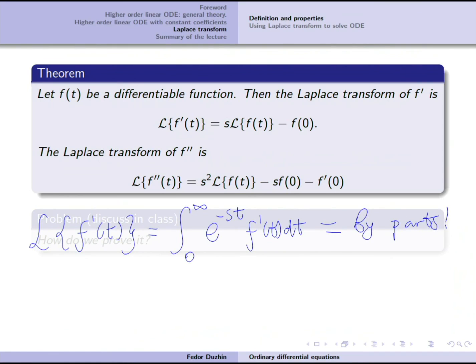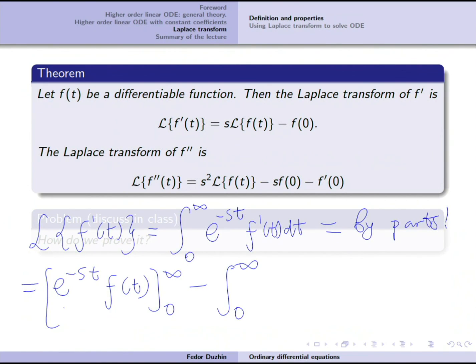I hope you know that when we integrate by parts, we need to take the antiderivative of one of these two functions and the derivative of the other one. So what we are going to do is take the antiderivative of f prime and the derivative of e to the minus st. So the answer is going to be e to the minus st times f of t, evaluated from 0 to infinity, minus the integral from 0 to infinity of what?